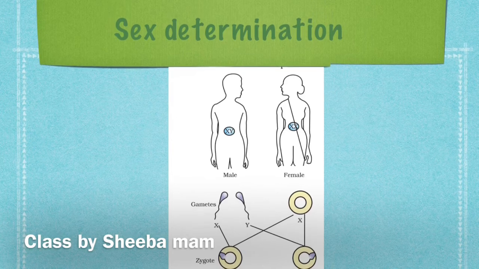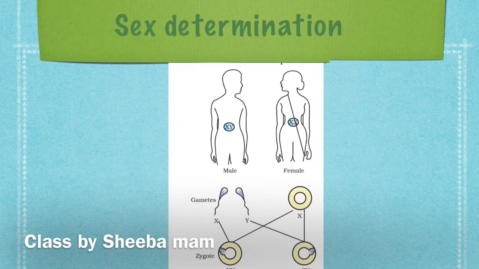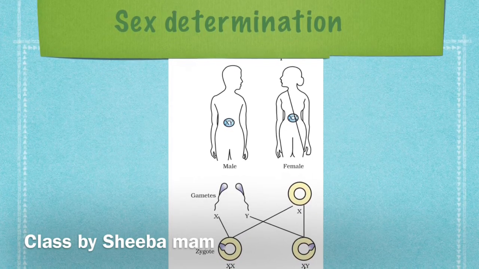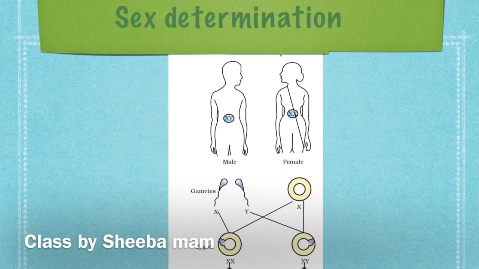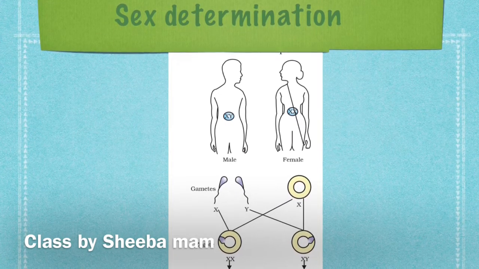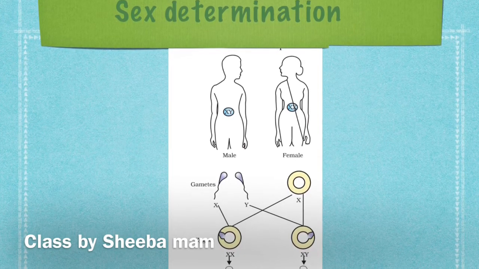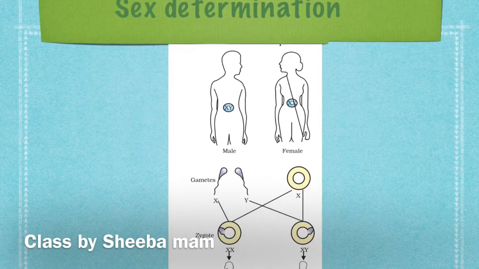Since males are XY, as a result of meiosis, they produce two kinds of sperms. 50% of sperms contain X chromosome and 50% contain Y chromosome. Now, if the sperm containing an X chromosome fertilizes an egg, the zygote is XX and develops into a female.